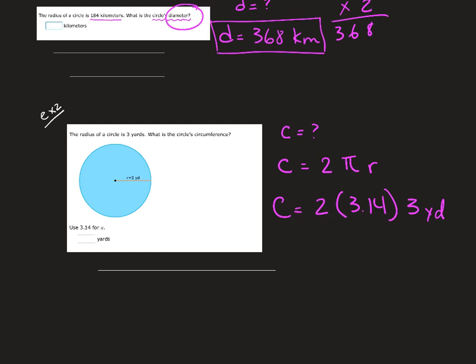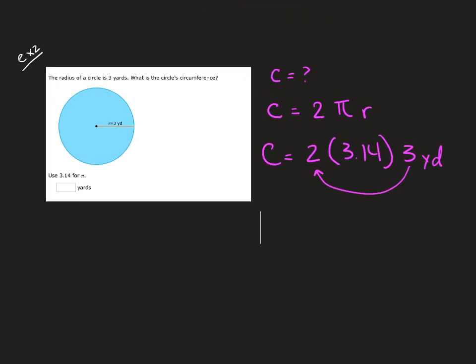So one thing I do like to do off the bat is multiply 3 times 2. Because we're multiplying all these numbers, it doesn't matter which one you do first, because of the commutative property of multiplication. So it's going to be 2 times 3, which is 6 yards. And what do you have left? Well, you have 3.14.